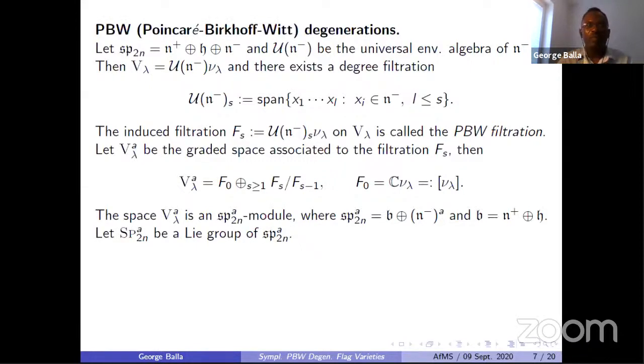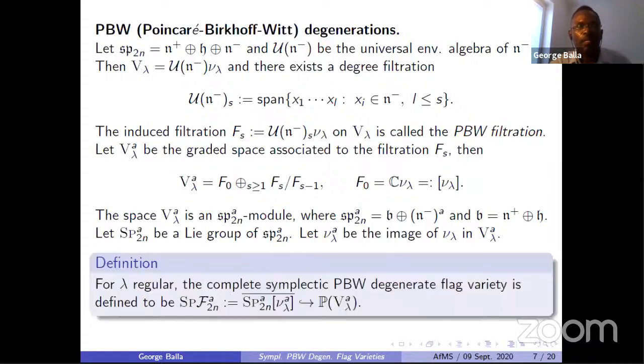Now, if we take the corresponding Lie group, denote it by Sp_2n^a, we take the image of our highest weight vector, like we had before, in this new graded space.